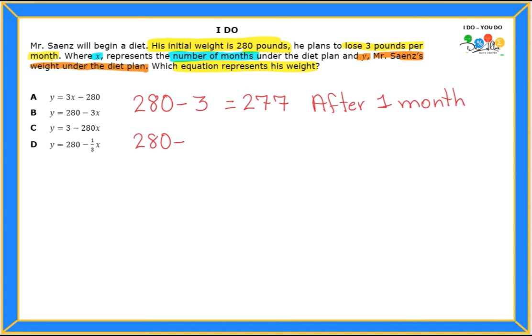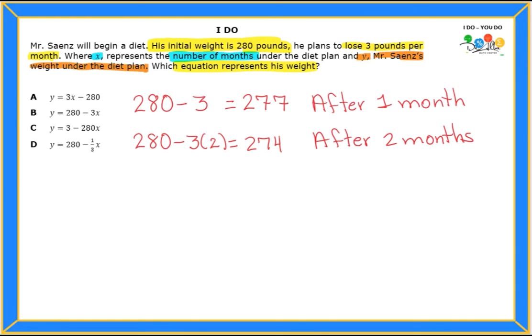So I'm not going to say 280 minus 6. I'm going to write it down as the pounds that he loses and the months that had gone by, which is 2 months. Okay, so 3 times 2 is 6. So 280 minus 6 is 274. So this is his weight after 2 months.